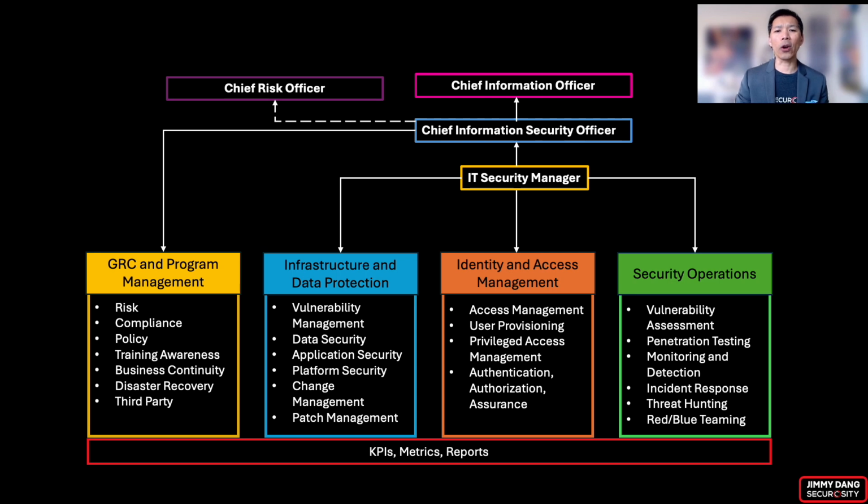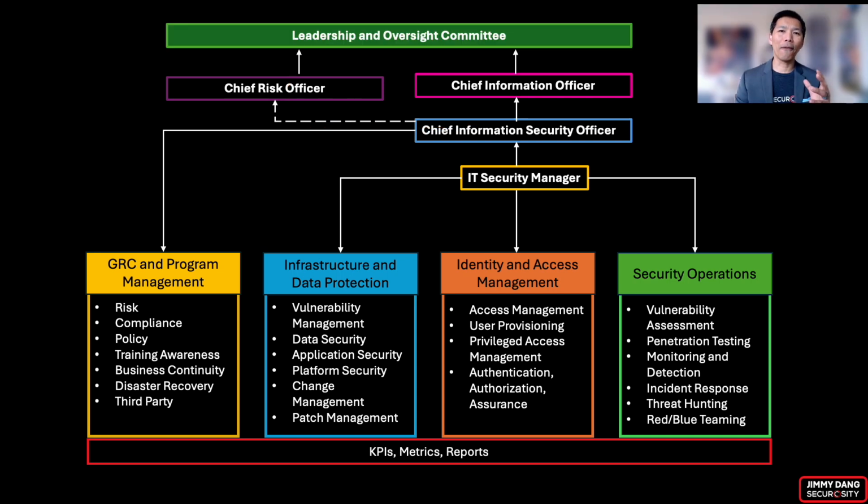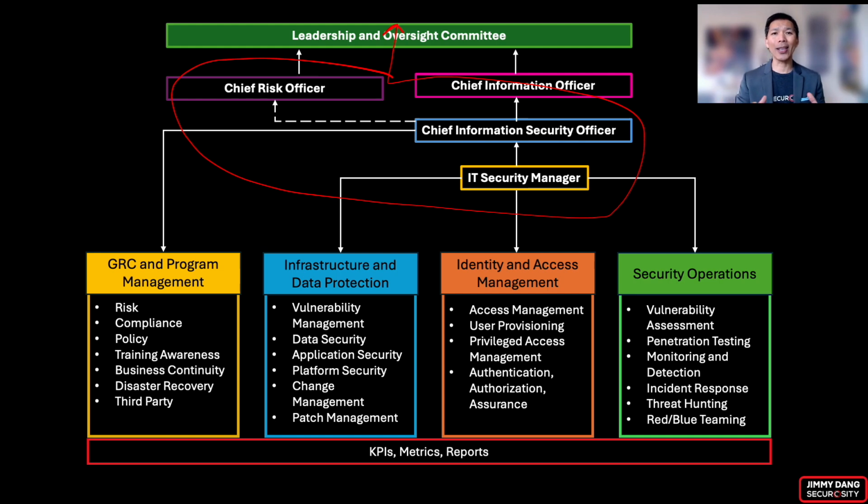There are instances where the CISO may report up to the CRO, which is the Chief Risk Officer, which is outside of the IT structure. And finally, all of these roles here would report up to some type of leadership and oversight committee. They usually consist of board members or executive leadership across the organization. They provide direction and guidance and resources for the entire organization.